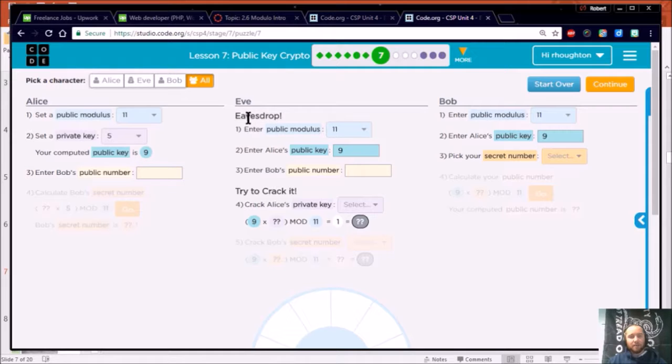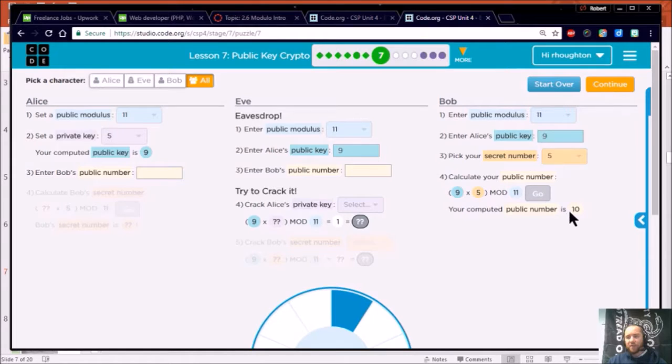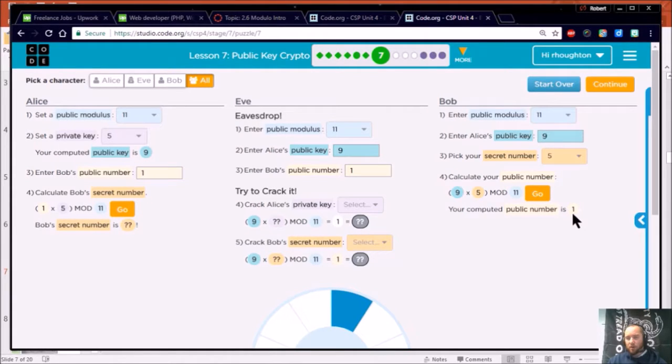So here's our Eve, the eavesdropper. So far Eve knows that the public modulus is 11, the public key is 9, and she doesn't know anything else yet. So Bob comes over here, and he's going to pick a secret number of his own. Let's go with 5. So Bob takes this private key and the secret number, times them modulus 11, and that will give him this public number, number 1.